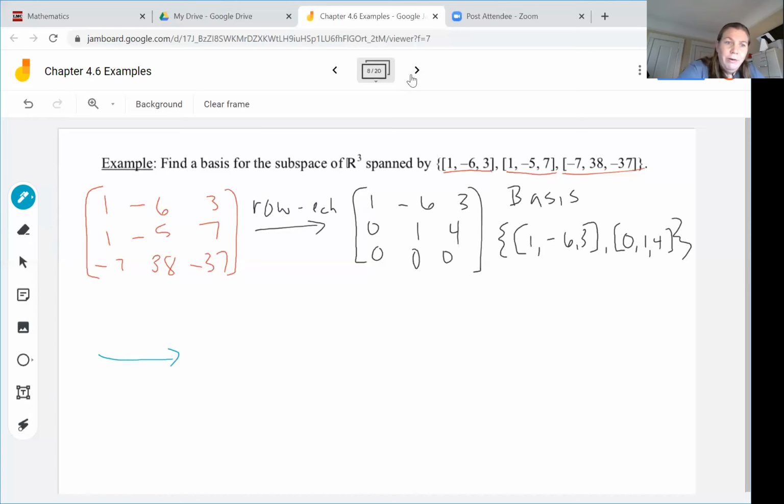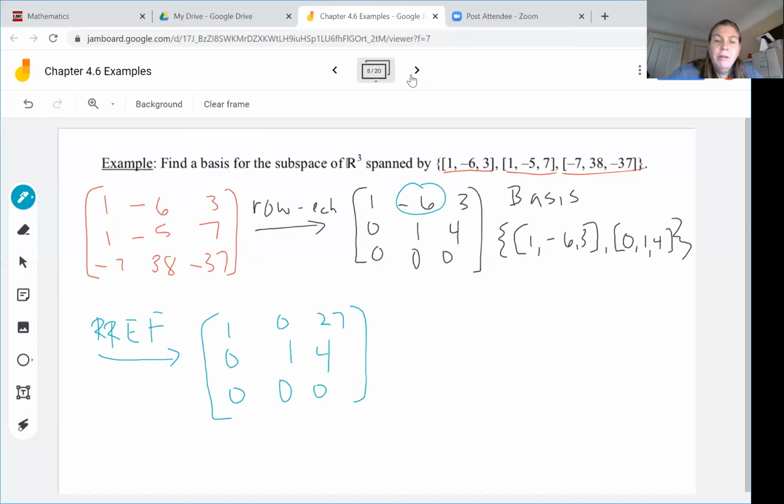If I take my matrix to reduced row echelon form, where I have a 0 where I had the negative 6, the first row would be 1, 0, 27, then 0, 1, 4, and that bottom row is still zeros. Then I could use the basis corresponding with these two rows, 1, 0, 27, and 0, 1, 4.